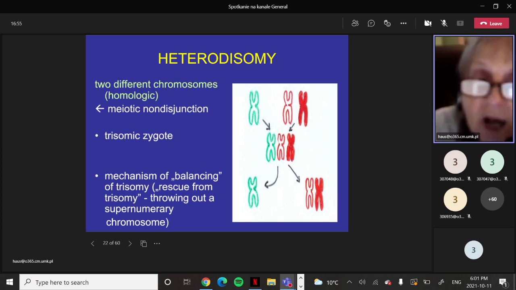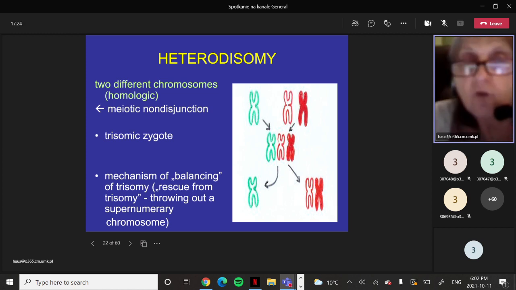But another example: for example, these chromosomes are autosomal chromosomes, and of course this is the same pair of chromosomes. This green parent is not ill, is not a carrier of a recessive gene on this chromosome, but this red parent has recessive mutations on both homologous chromosomes.